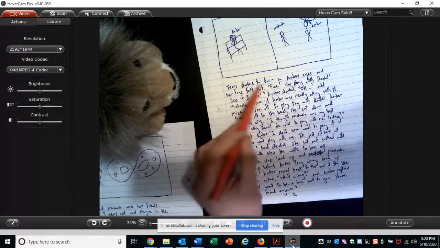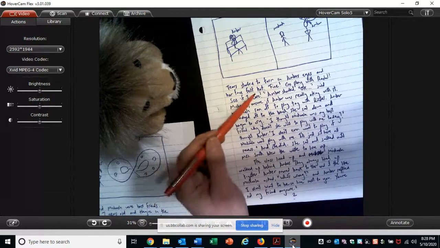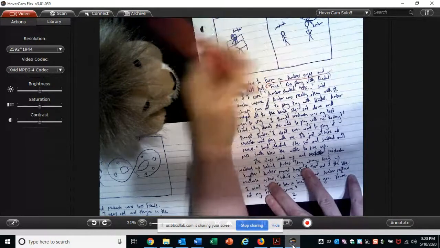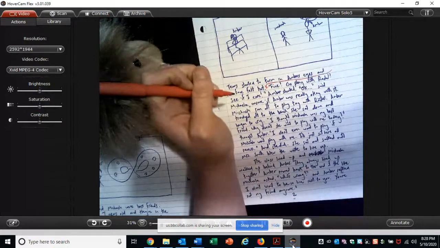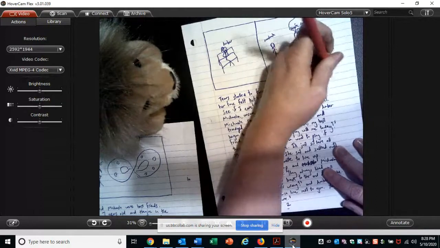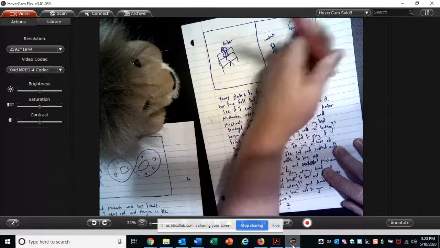So we talked about the tears forming in her eyes and her face felt hot. Maybe we'll also say she felt, sometimes when people feel upset, they say a knot forms in their stomach, like their stomach kind of feels all bunched up. So maybe I'll write that. She felt a knot in her stomach.